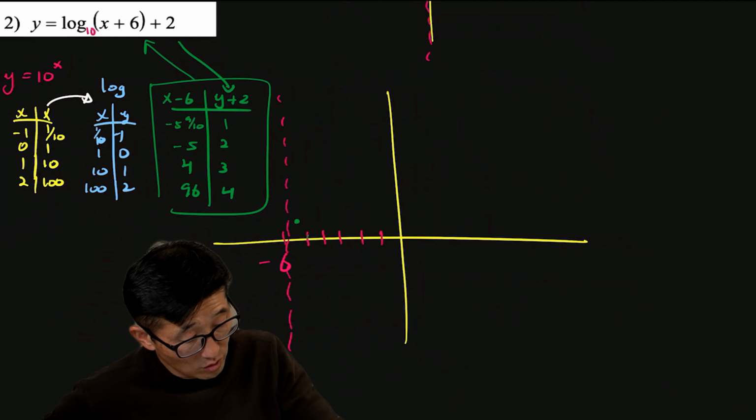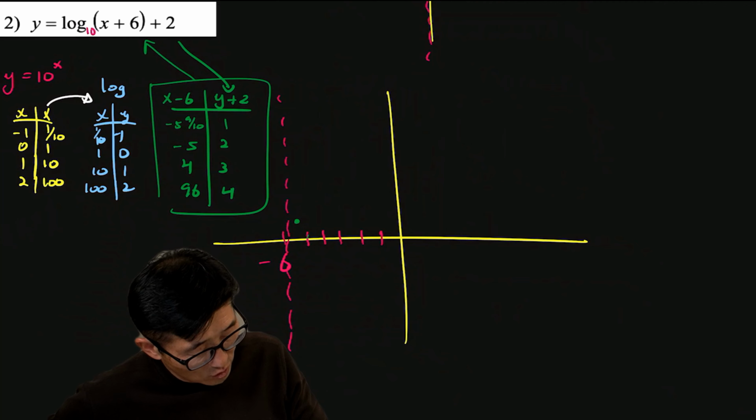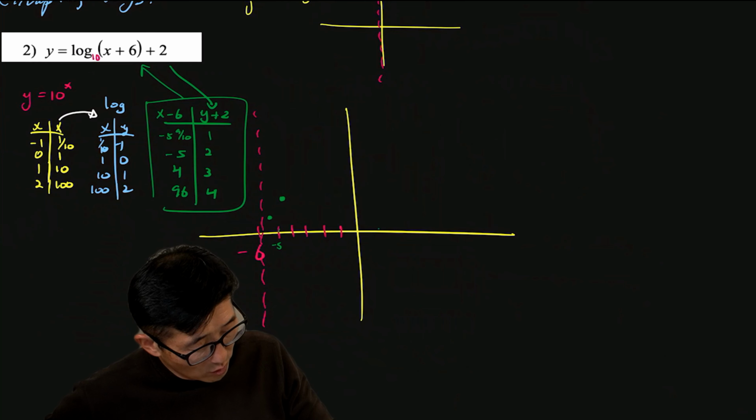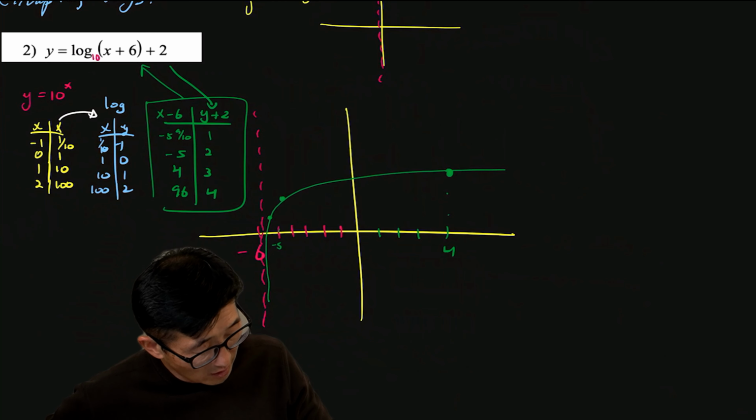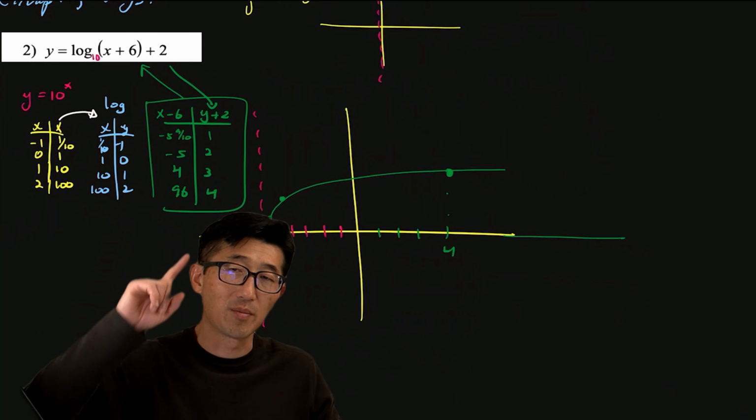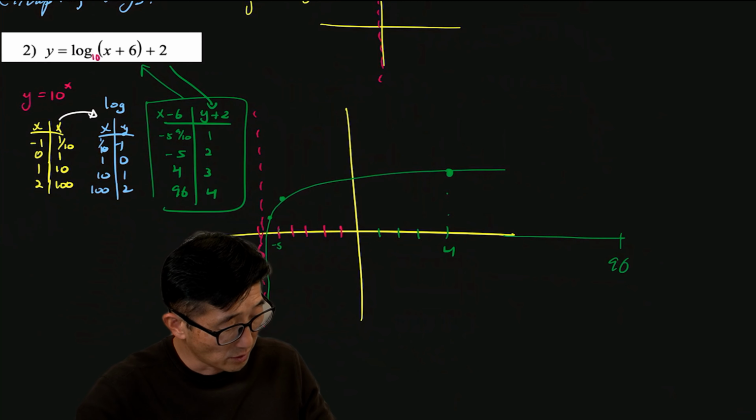Let me try again. Negative 5 and 9/10, 1. Negative 5, which is right here, and 2. And then you got 4, 3. So it's going to go like this. And then for 96, we'll just play it by ear.